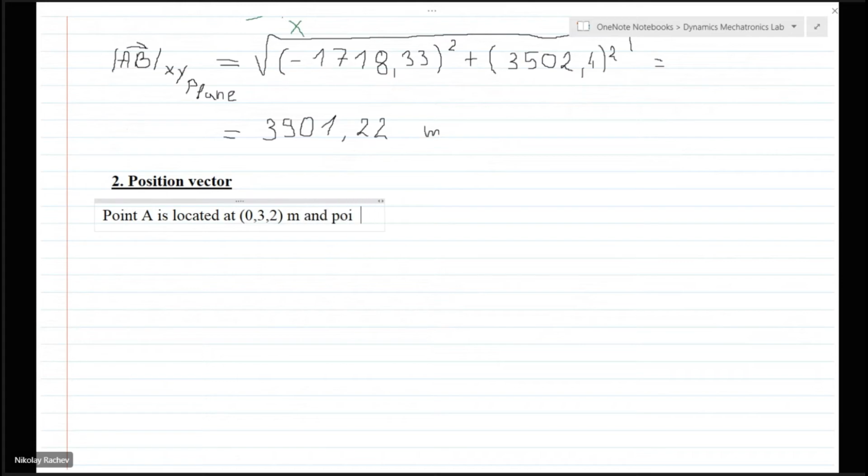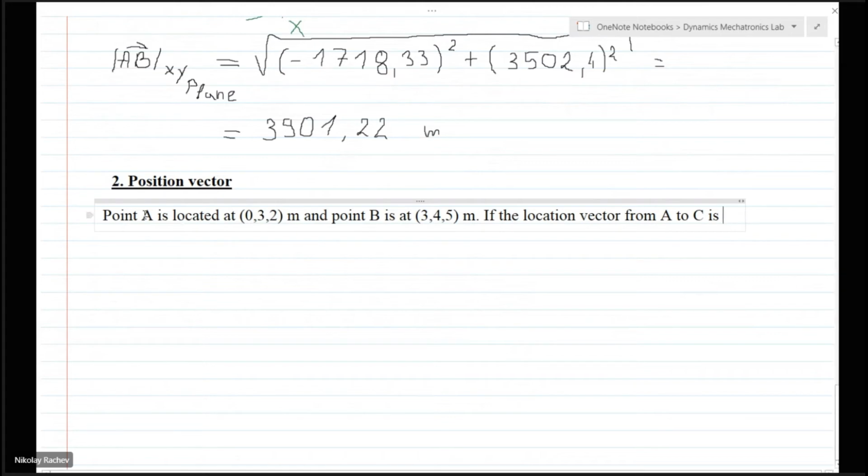And point B is at 3, 4, and 5 meters. Now, if the position vector from A to C is, as you can see, it is only explanatory, no graphs here.